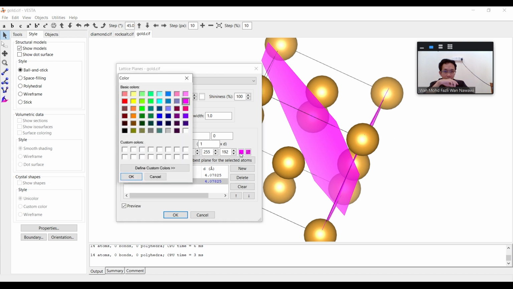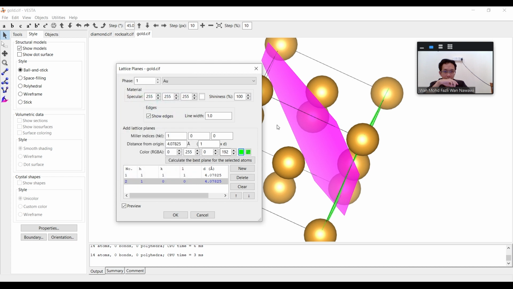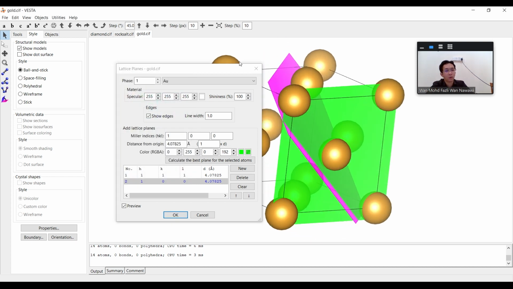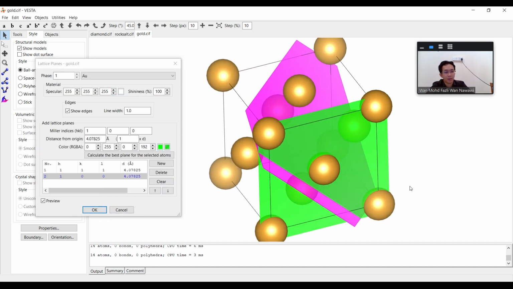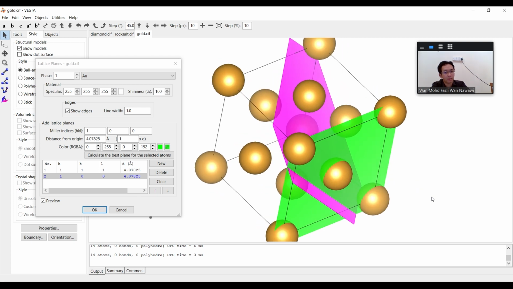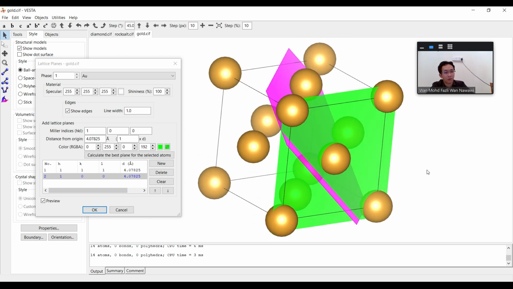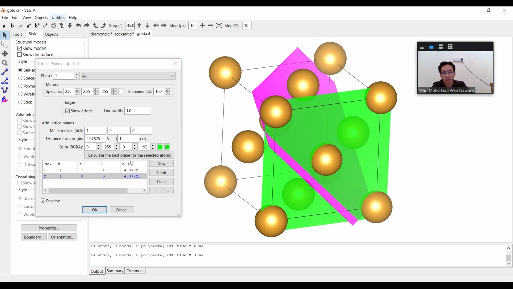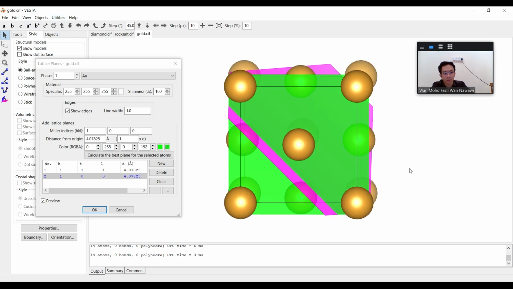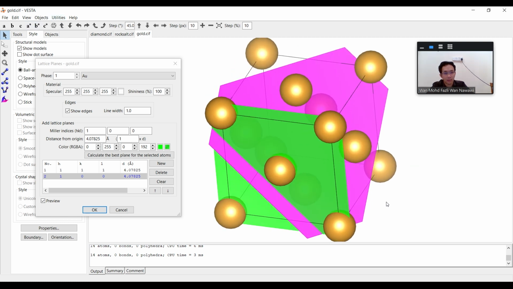Let me put here in green. Okay, so you can see the green one is the plane of 100, whereas what we call 100, let me put A here. Okay, you can see like that.